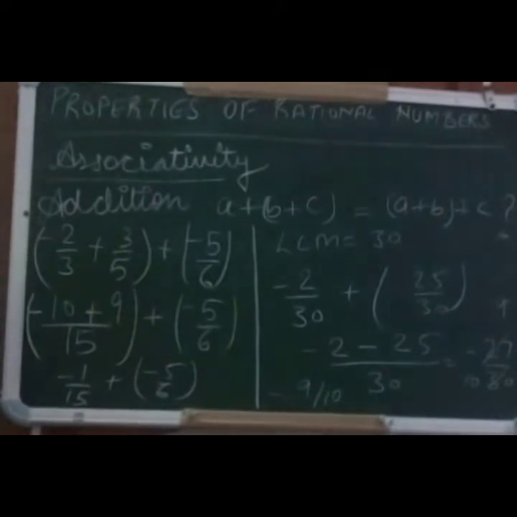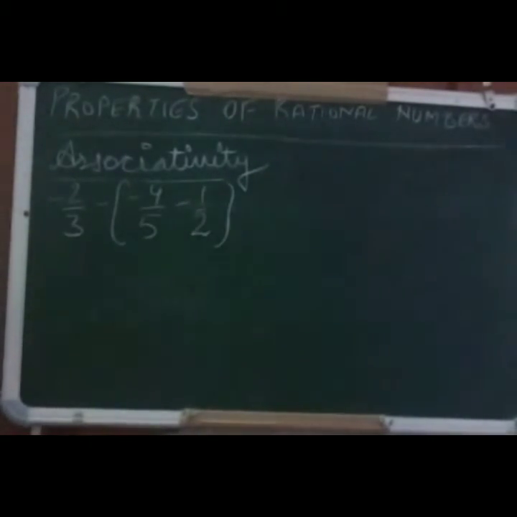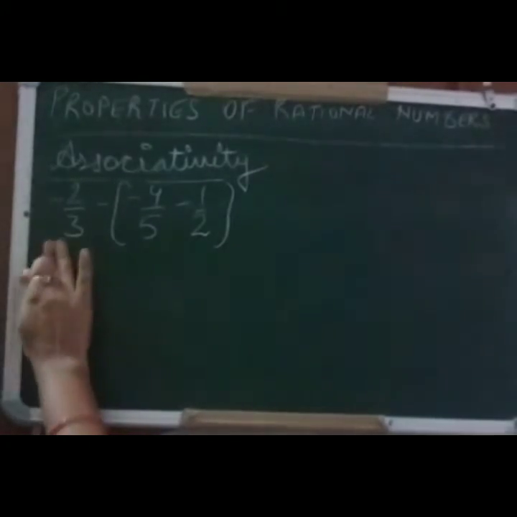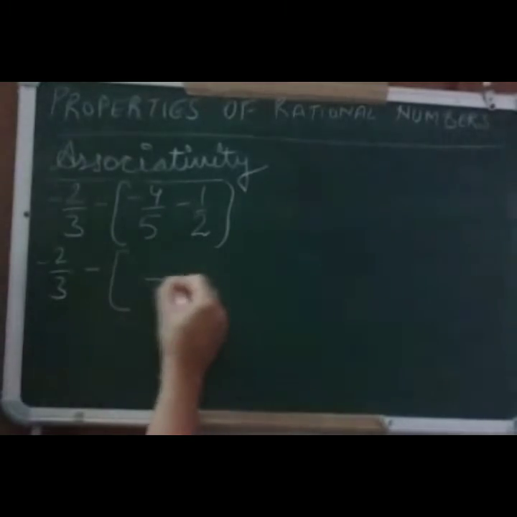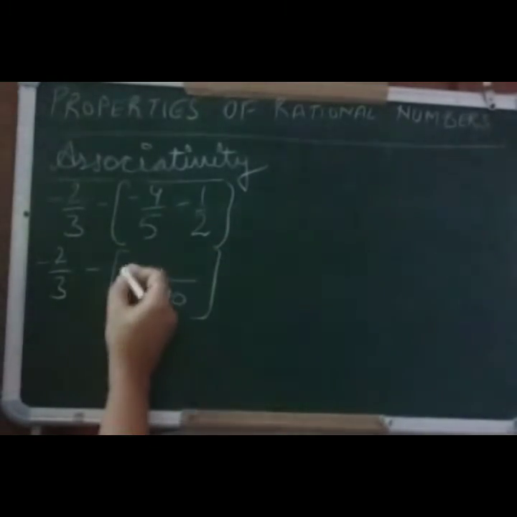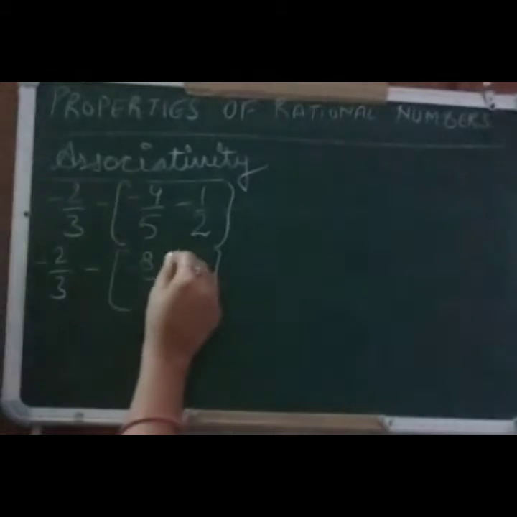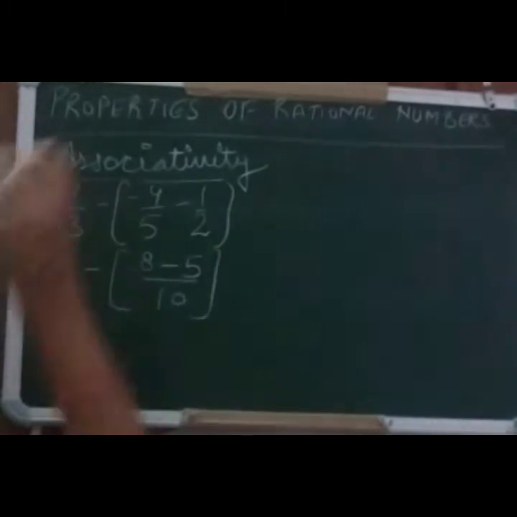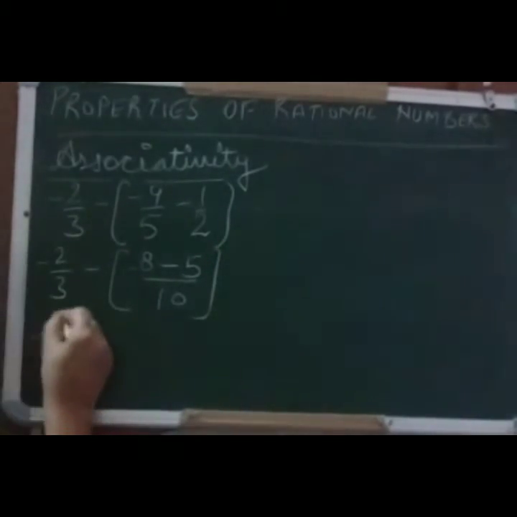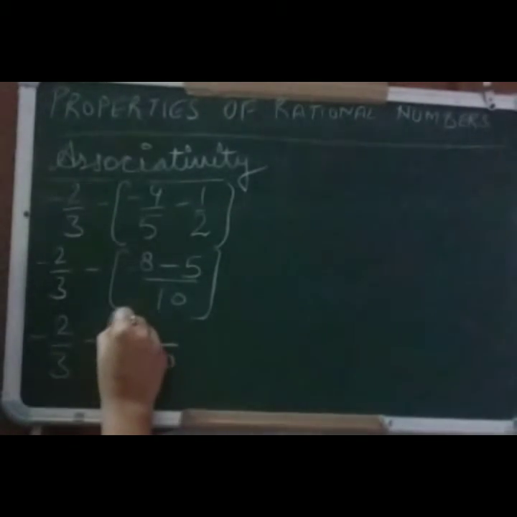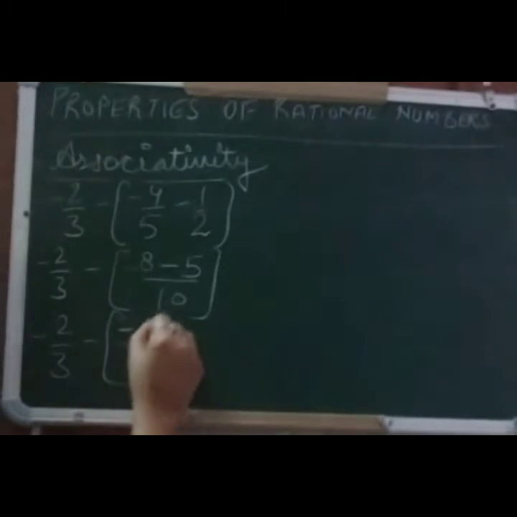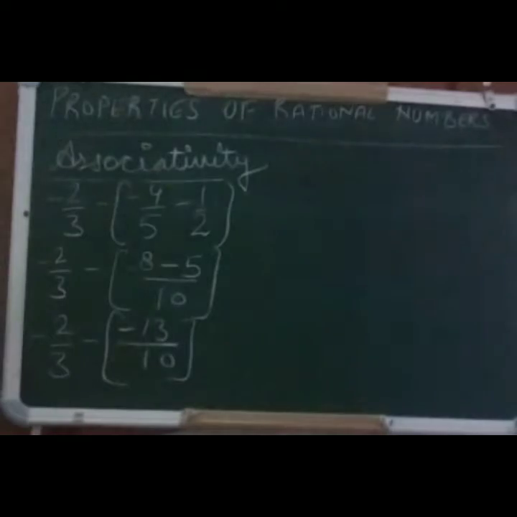Now check it for subtraction. Minus 2 by 3 will remain the same. First of all solve this one. Here the LCM will come 10, and 8 and 5. So it is minus 2 by 3 minus by 10. Now we got this.